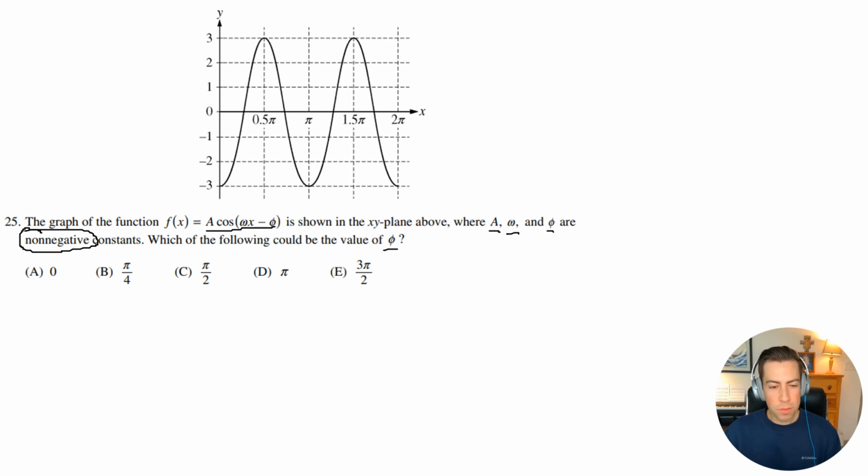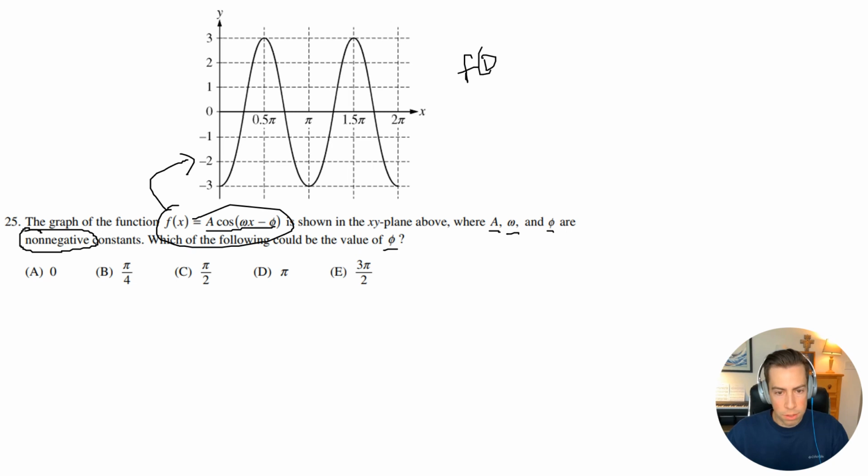Okay, so I think the easiest way to solve this problem is to look at this equation and see if we can get it to mirror this right here. I know that f of 0 is going to equal -3. If I look right here, it's -3, right? So I can plug in these values.